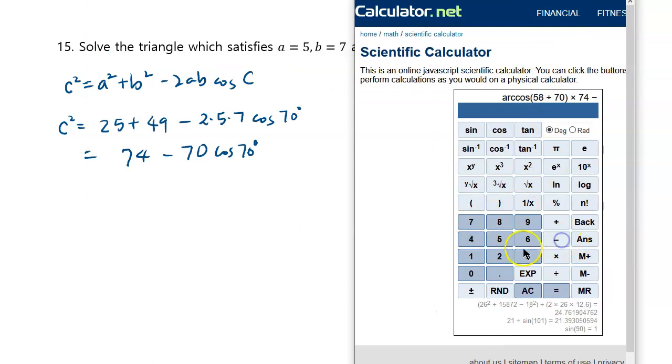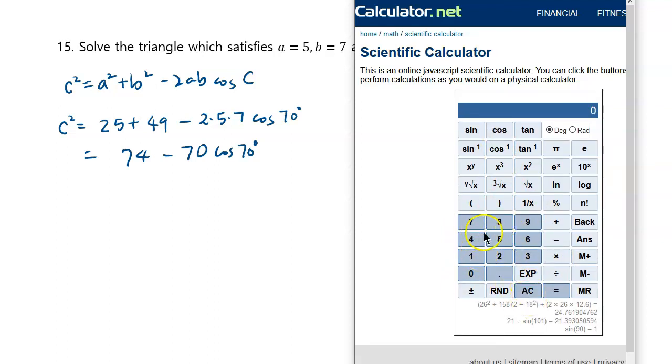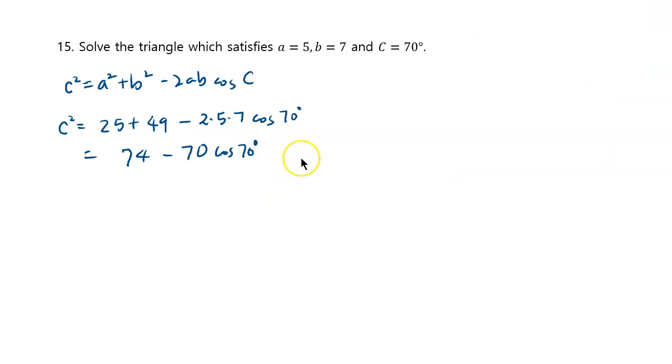74 minus 70 times cosine of 70. That's 50.06. Okay.